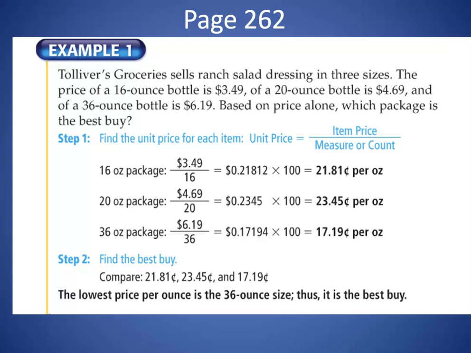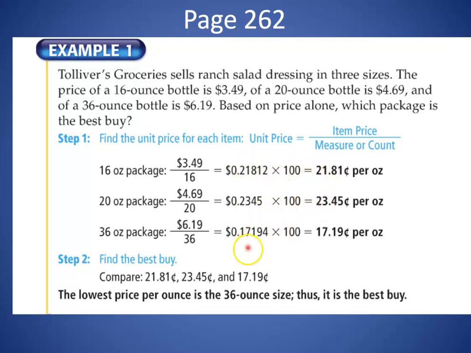So you can see how they took the price divided by 16. Then they took that, and so the 16-ounce package is 21.81 cents per ounce. The 20-ounce package, price divided by the amount, 20 ounces. And then they times it by 100 over here.